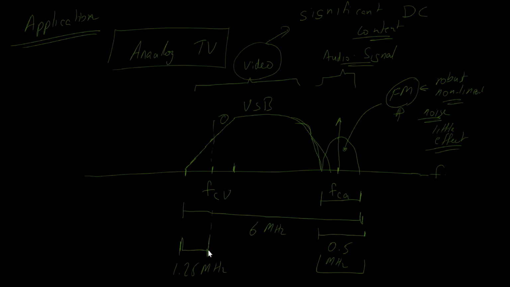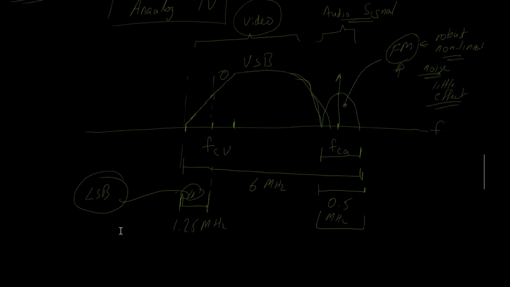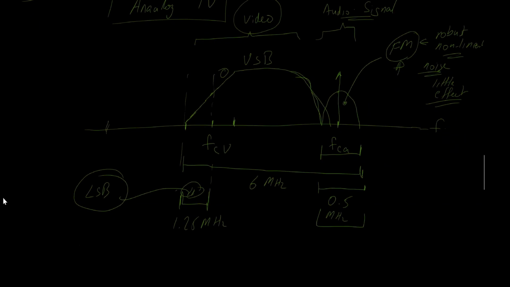This is basically from the VSB that we are considering, the lower sideband. And it does not contain information, but this is required in terms of transmission, right? So this is our overall spectrum of the TV signal, and on the negative frequencies we would have the same spectra as well.